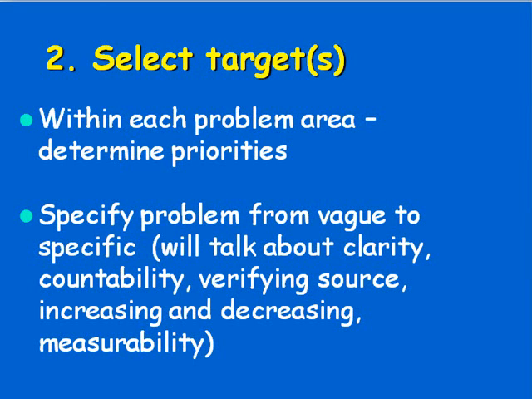So determining priorities within each problem area is important. And then finally, specifying the problem from vague to specific to make the target measurable. We'll talk about this at length in about two slides when we talk about clarity, accountability, verifiable source, increasing and decreasing behavior, and measurability.